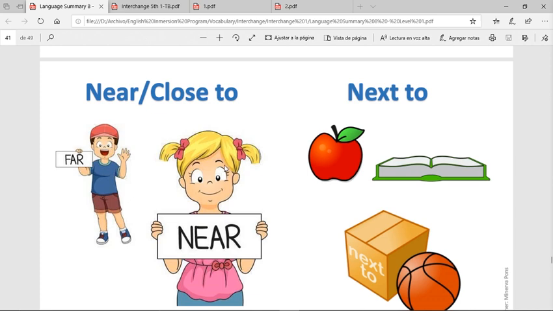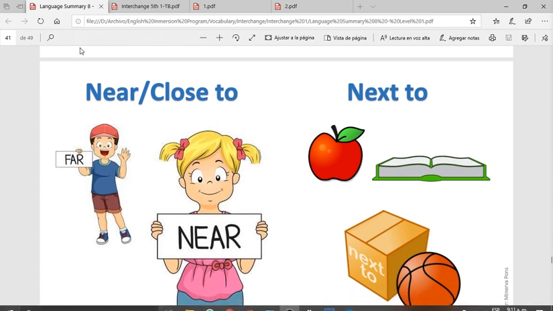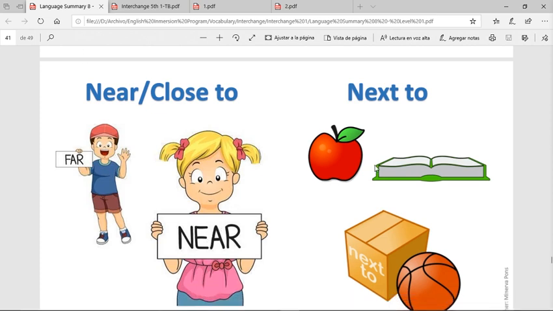You can see it really well. And far is way far. It's like there. And this is here. Okay, next to. Next to is like this and this. It's close to. This apple is close to the book. It's next to the book. You can say that if they're one and then the other. Like one, then. But here it's far, okay?